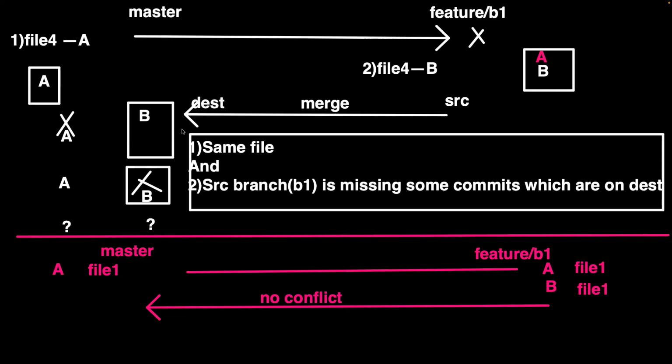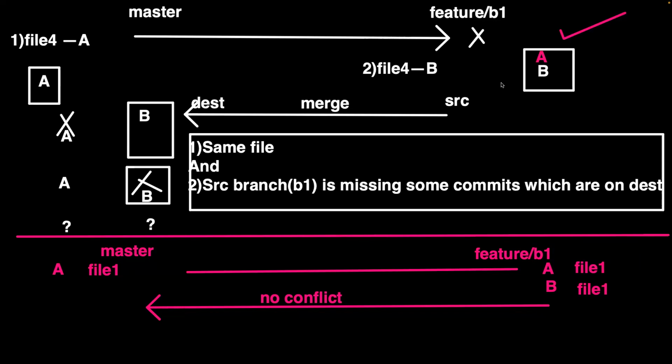So this is the reason for conflict. In our case, there is a file with a commit here, right? And that particular commit is not present in B1. Again, you made a new file and made a new commit B. So when you are merging, this commit A is missing on the source, and that's where you got a conflict. The source branch is missing some commits, meaning there is a commit called commit A on master, and it's not available on the B1 branch.